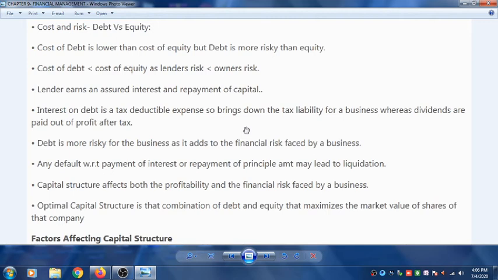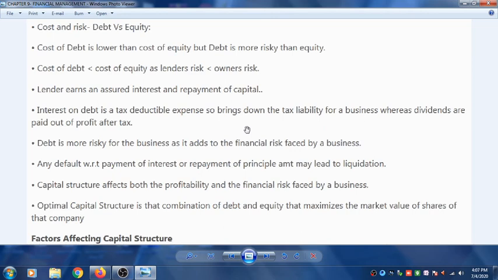If the company will not pay the interest or repay the principal, then the bank will close the business. Capital structure affects both the profitability and the financial risk faced by the business.